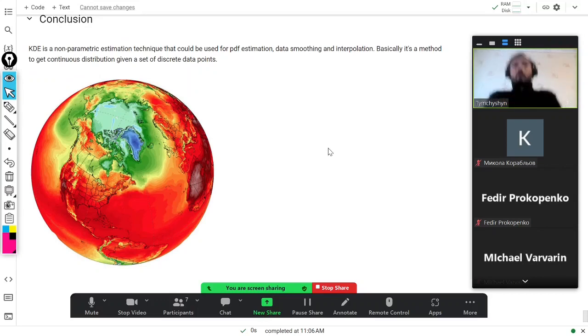Okay. With that being said, today we have considered a method of kernel density estimation. KDE is a non-parametric estimation technique that can be used for probability density function estimation, data smoothing, and interpolation. Basically, it's a method to get a continuous distribution given a set of discrete points. So you have a set of discrete points and you get some sort of distribution from that.